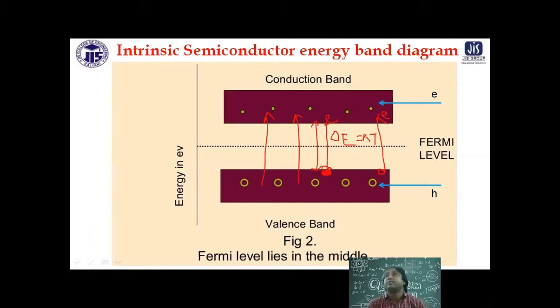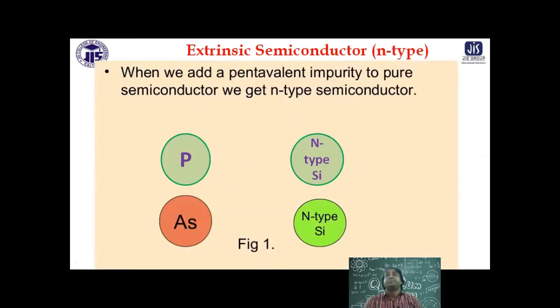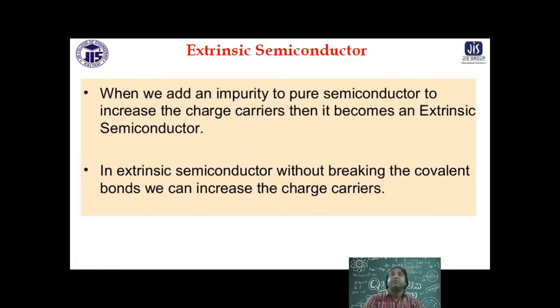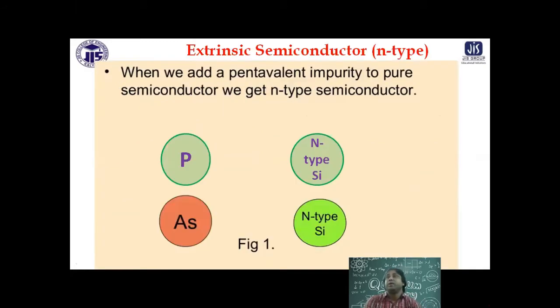That's the Fermi level, which tells you how many electrons are present inside the material, and it lives in between the valence band and the conduction band. So this is the story of an intrinsic semiconductor, and you possibly know how it changes in the case of an extrinsic semiconductor. I'll show you how to create an extrinsic semiconductor through doping.